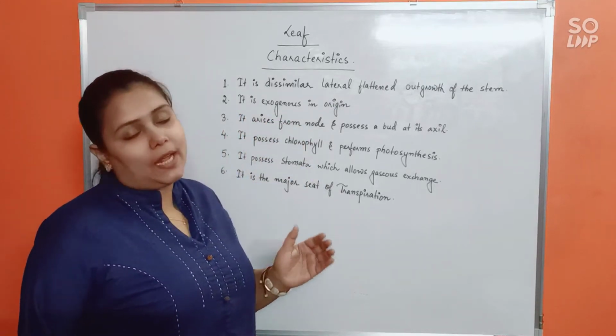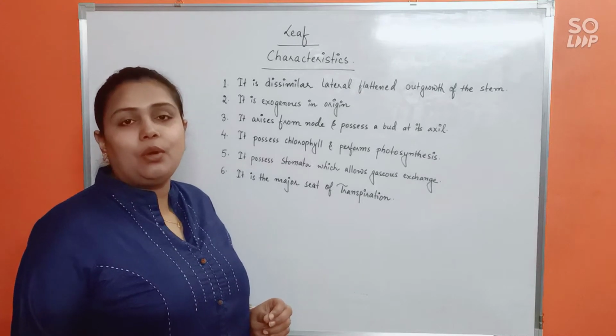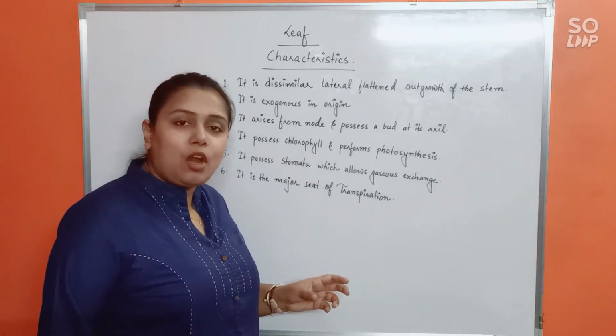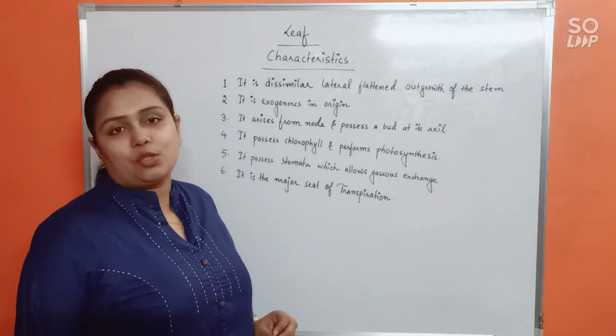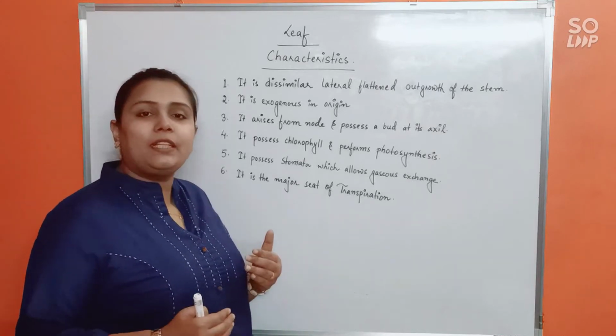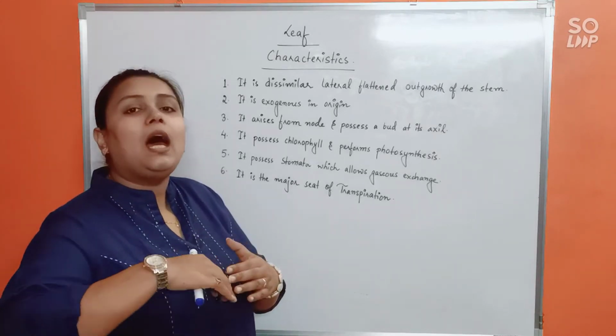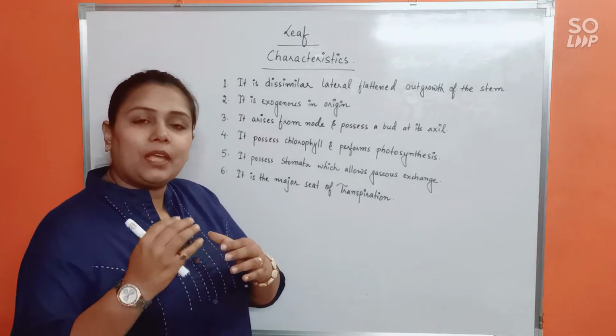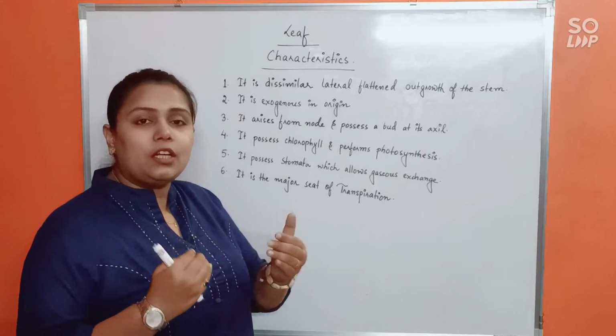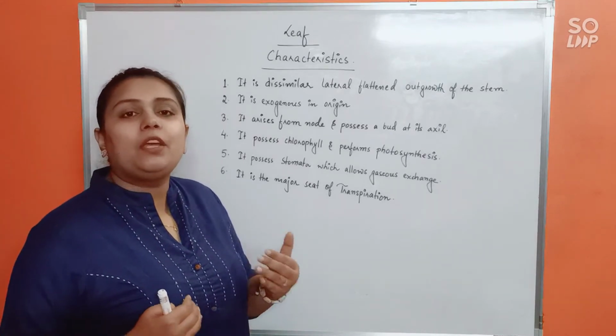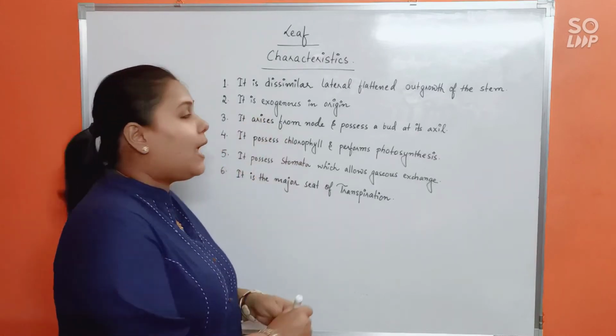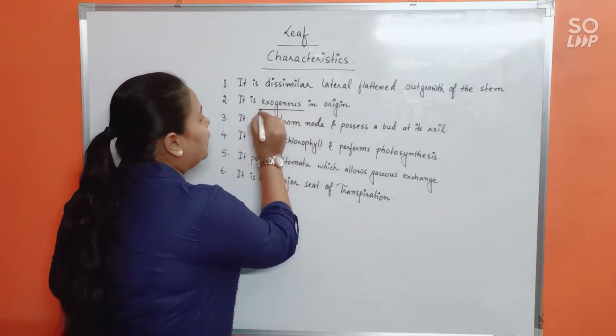In root and in stem, I have already marked for you the difference between endogenous structures and exogenous structures, right? Exogenous means something that originates from outside, not from the internal layer or internal to the body of the plant. So leaves are exogenous.